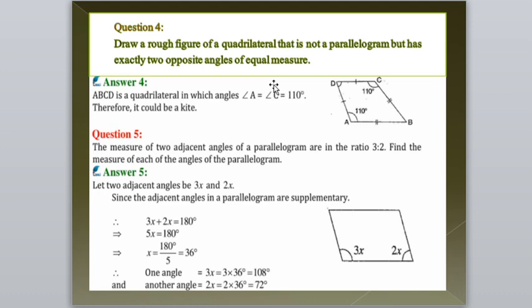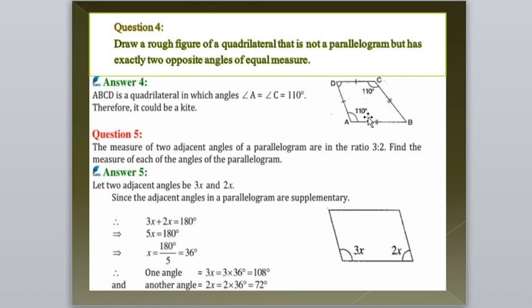So here we have to draw a rough figure of a quadrilateral which should not be a parallelogram, but it should have exactly two opposite angles of equal measure. So here we will draw a kite. Why? Because in a kite the opposite sides are not equal but the angles are equal.